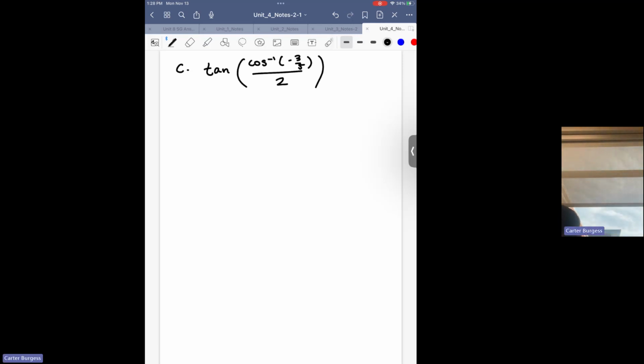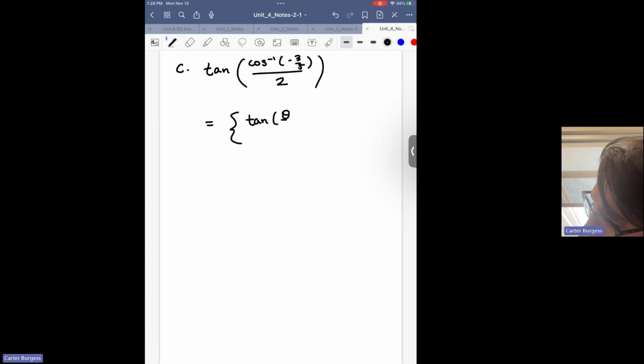Whenever we have an inverse trig statement, my recommendation is to break this apart into smaller component pieces. For instance, I would lead this off by rewriting this statement as tangent of theta over 2, where theta is equal to cosine inverse of negative 3/5.